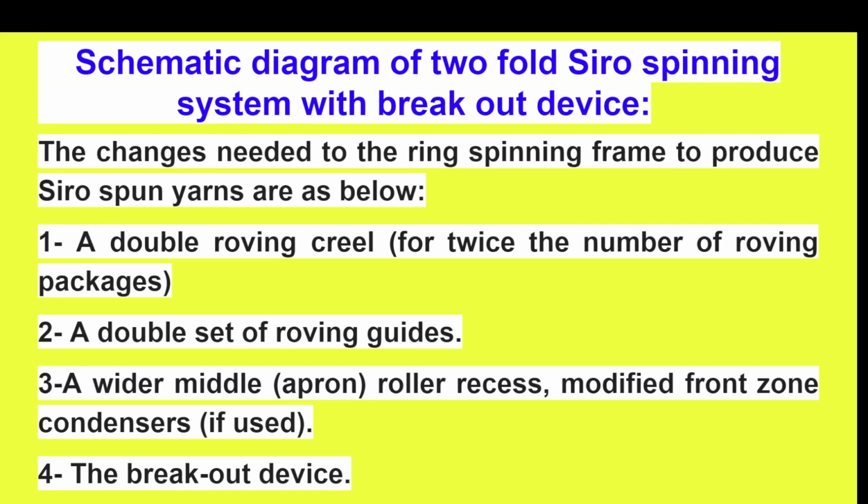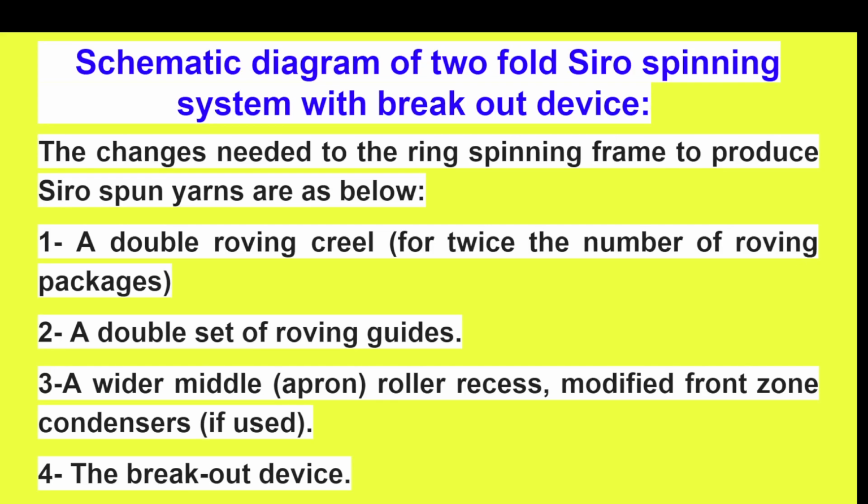The first change, a double roving creel for twice the number of roving packages. It means in our ring frame, a double roving creel is mounted or arranged in place of one roving creel.